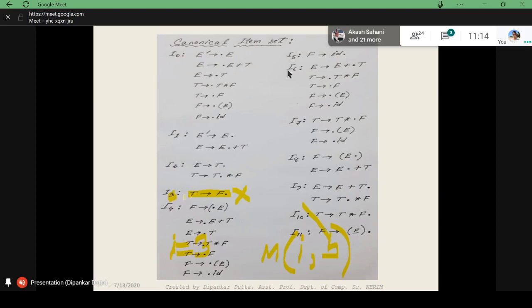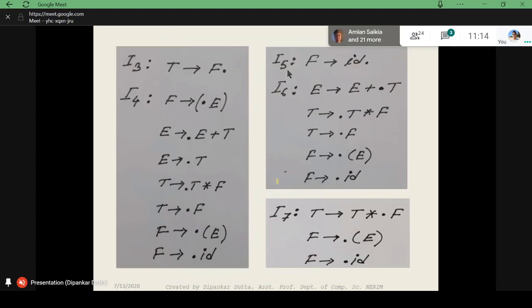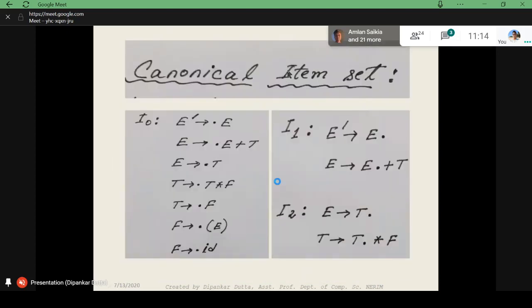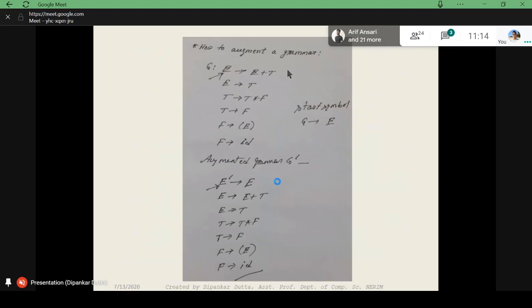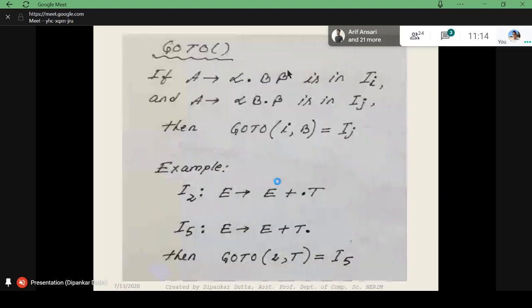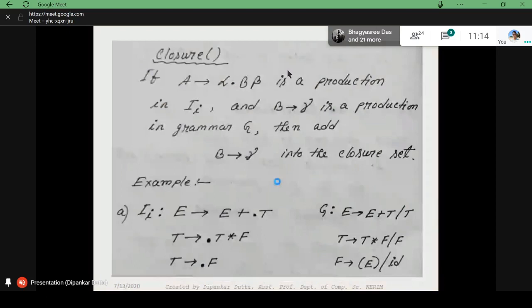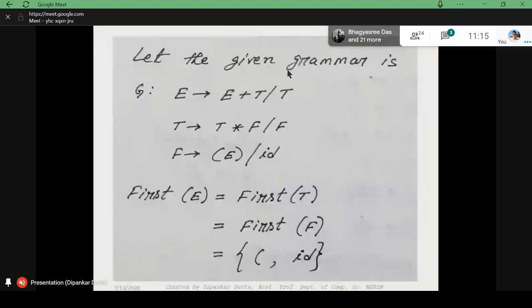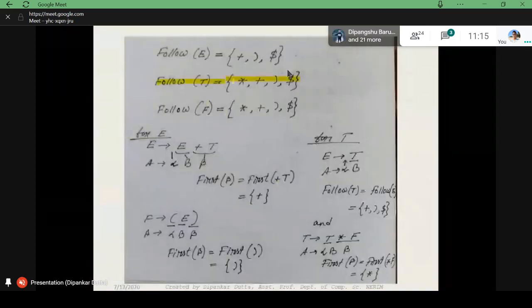So what are the symbols in follow of T? We have already studied follow of T. These are the follow of T: plus, star, right bracket, dollar.